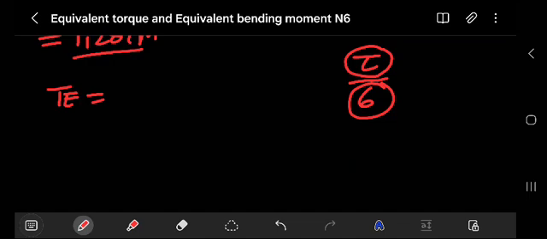This formula, if you recall, says TE is equal to pi multiplied by d raised to the power of 3, multiplied by shear stress. So at least I have shear stress there. I'm on the right track.